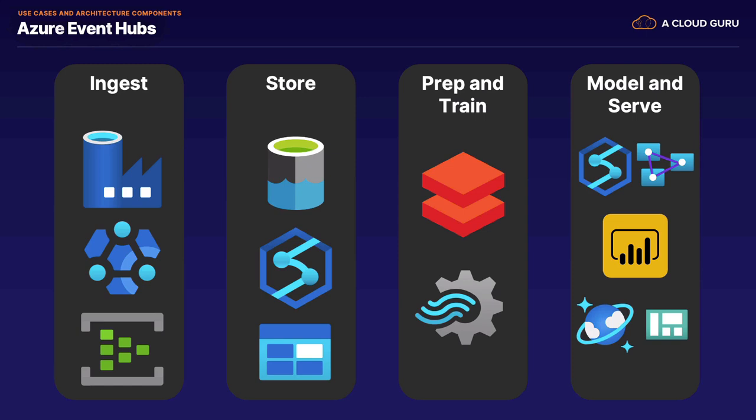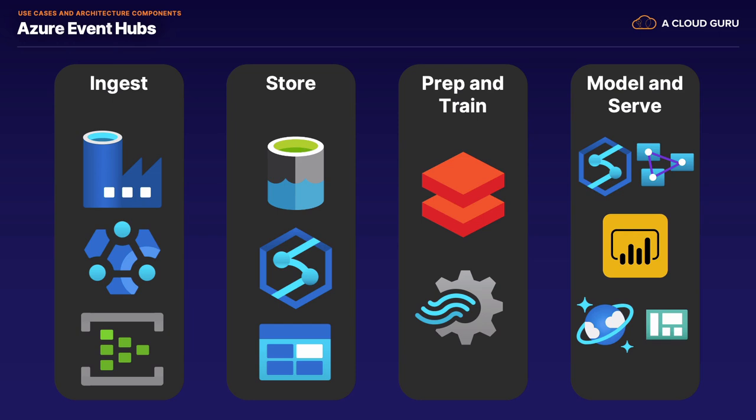For each of the steps, there is a primary architecture component. For ingestion, we have Azure Data Factory, Azure HDInsight, and our Event Hubs. For storing, we have Azure Data Lake, Azure Synapse Analytics, which is also formerly known as Azure Data Warehouse, and regular old Blob Storage.